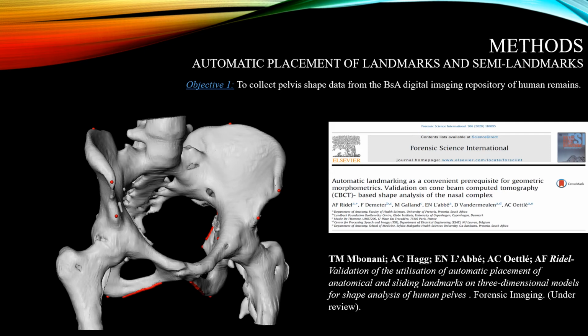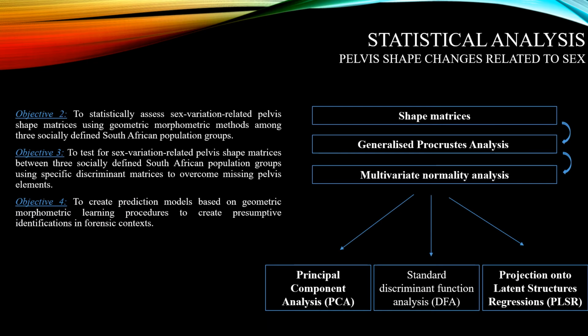The automatic placement of anatomical and sliding landmarks on 3D models for shape analysis of the human pelvis was already validated as compared to a manual placement in a study conducted by my BSc honors student Ms. Thandolwethu. The sex estimation analysis on shape matrices acquired will be visualized and quantified through the application of geometric morphometric methods.